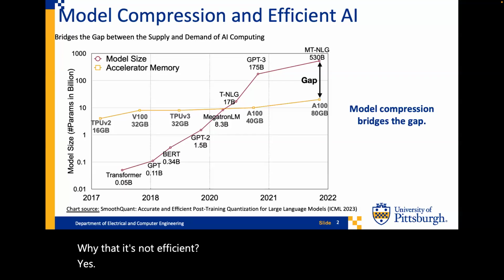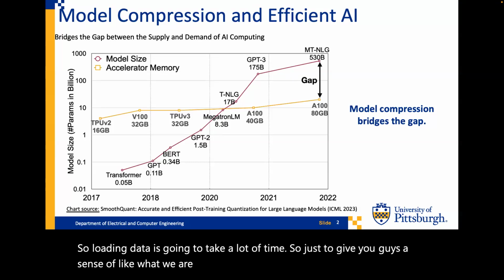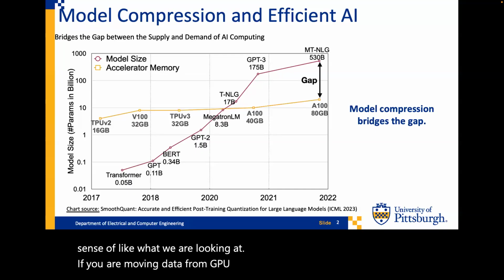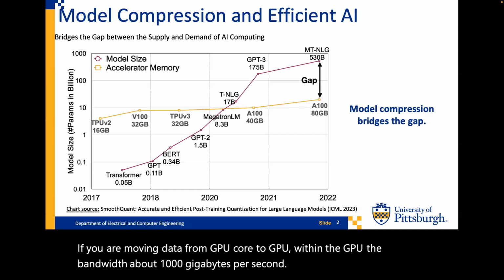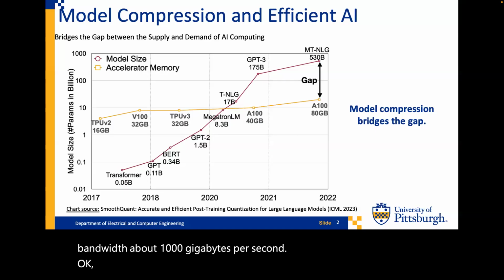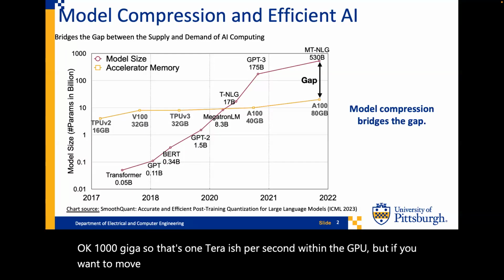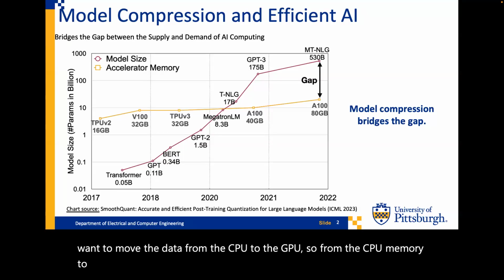Just to give you a sense of what we are looking at: if you are moving data within the GPU, the bandwidth is about 1,000 gigabytes per second, so about 1 terabyte per second. But if you want to move data from the CPU memory to the GPU memory, usually it's connected by a PCIe link.